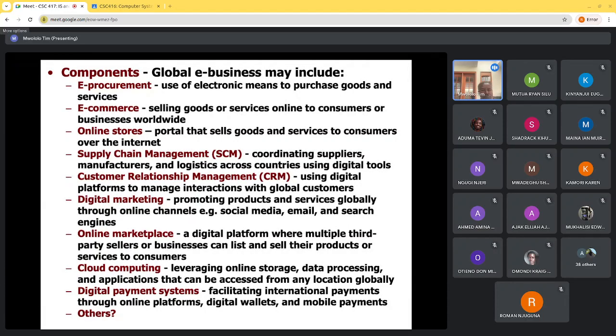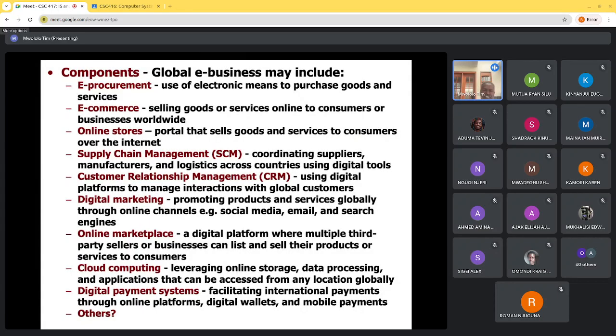Supply chain management is an important component of e-business because you need to coordinate manufacturers, suppliers, and the logistics of getting your products to the customer through all kinds of means, including last mile delivery and so on.